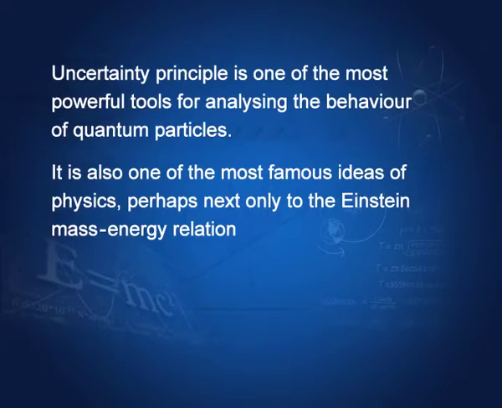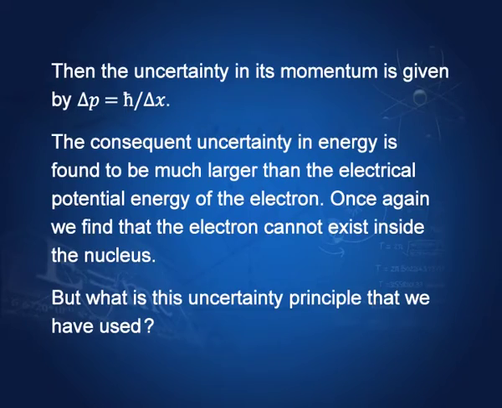One of the important objections to the existence of electrons inside the nucleus was the uncertainty principle of Heisenberg. This uncertainty principle says that the uncertainty in the momentum of a particle multiplied by the uncertainty in the position of the particle, their product is equal to h cross, where h cross is h by 2 pi and h is Planck's constant.